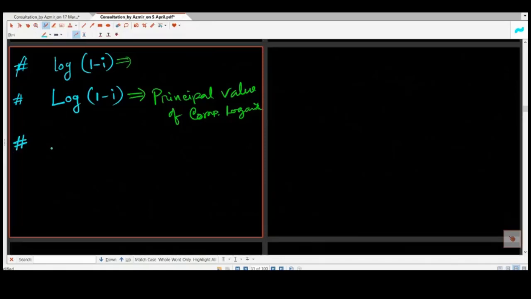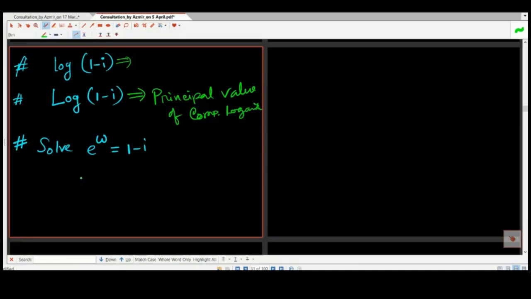We can also think about it in another way, that is, solve e to the w equals 1 minus i. So I have written three different alternative question patterns here, but the process of answering is the same.